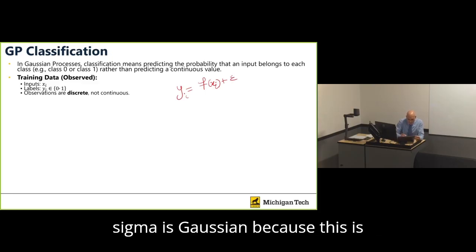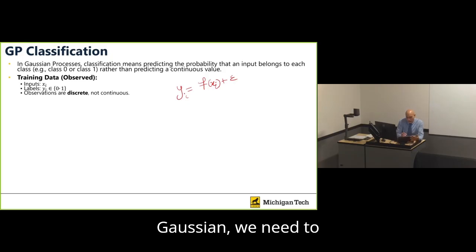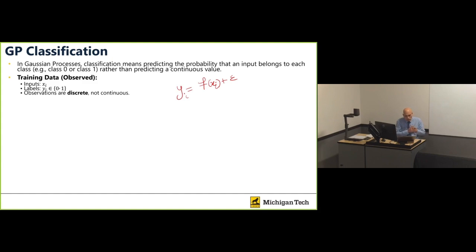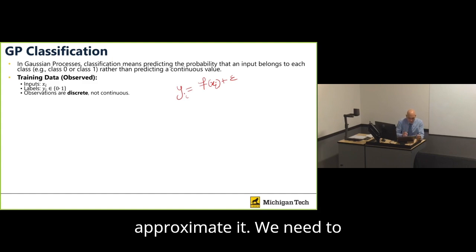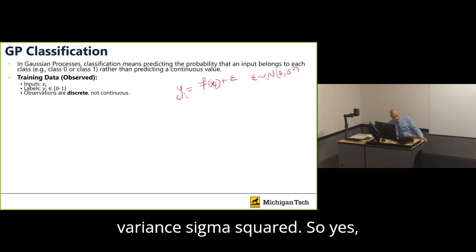The point is this sigma is Gaussian, because this is Gaussian process, so everything needs to be Gaussian. If something is not Gaussian, we need to make it Gaussian with approximation. So this sigma is a normal distribution with mean 0 and variance sigma squared.